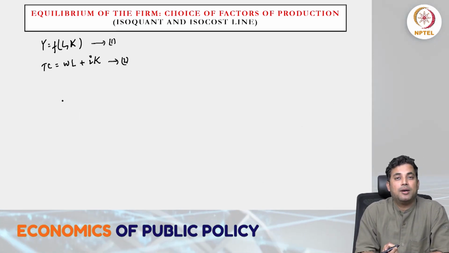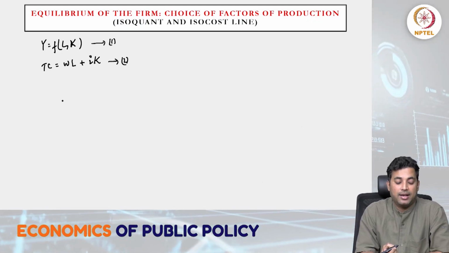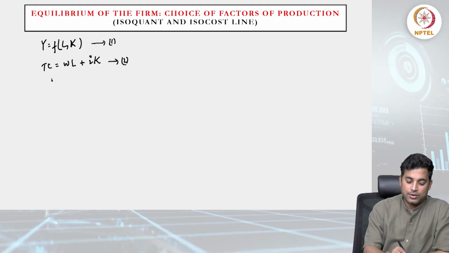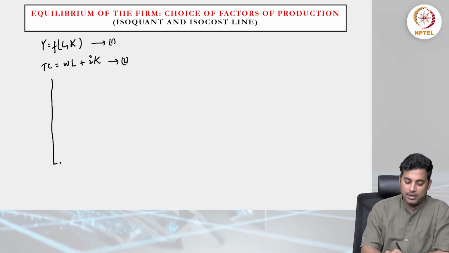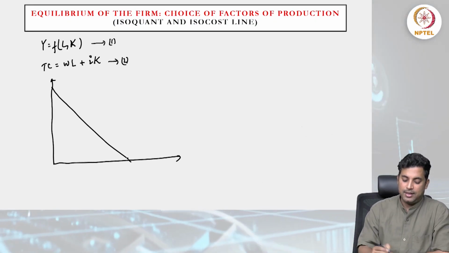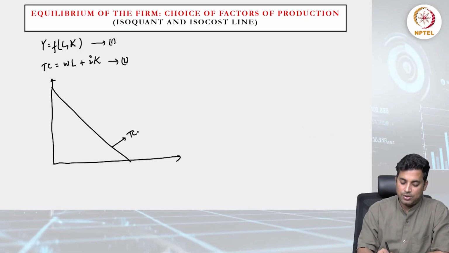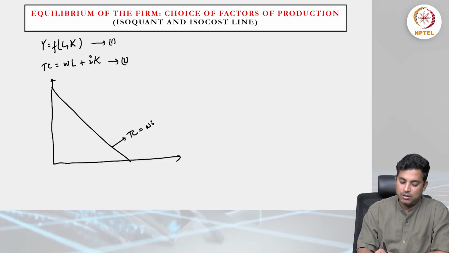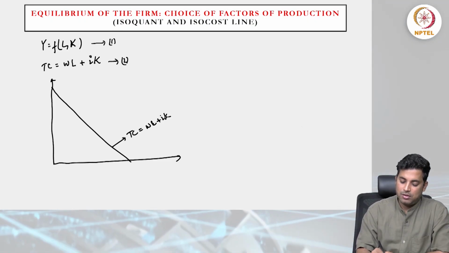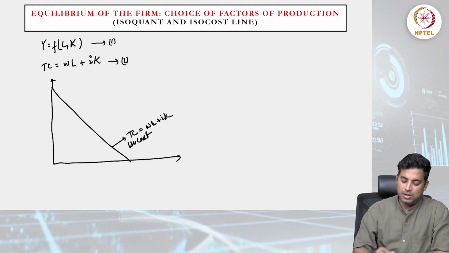Following the same properties as the budget line, total cost also has similar properties here. This is a linear function, this is the iso-cost line, the total cost function.